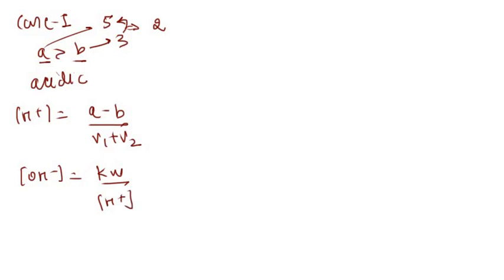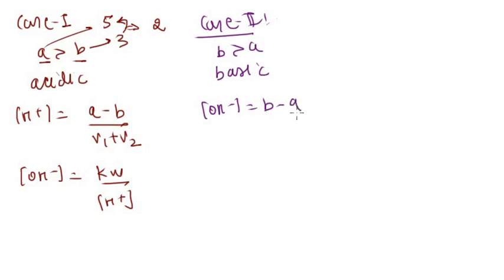Now let's take case 2. When B is greater than A, the base is greater than the acid, so it is called a basic solution. The solution is basic. Now similarly, in that case, the OH negative will be B minus A over V1 plus V2, and the concentration of H plus comes out to be Kw over the OH negative.